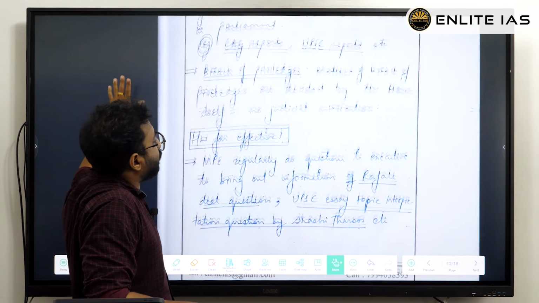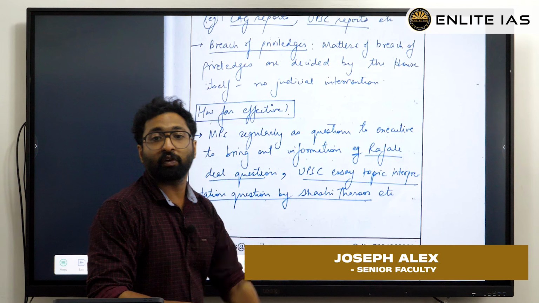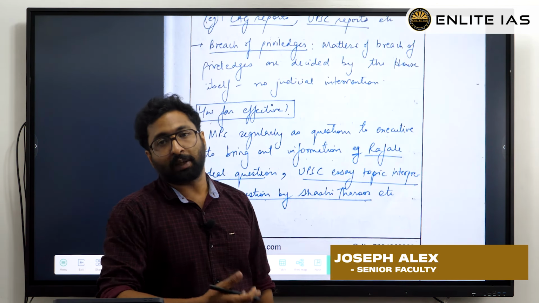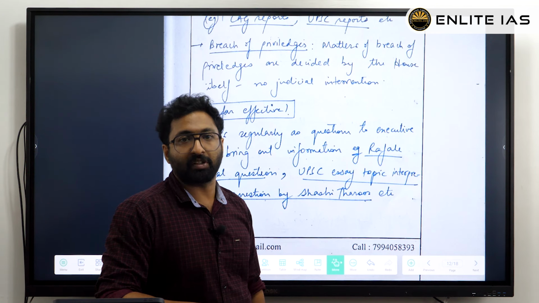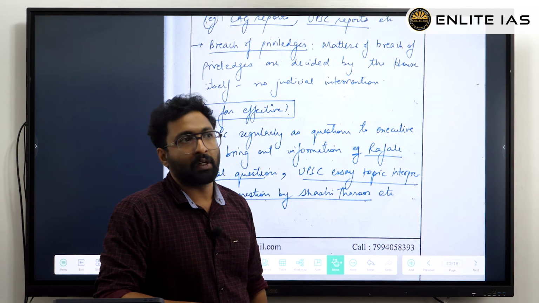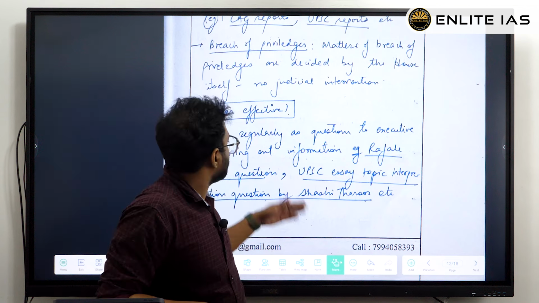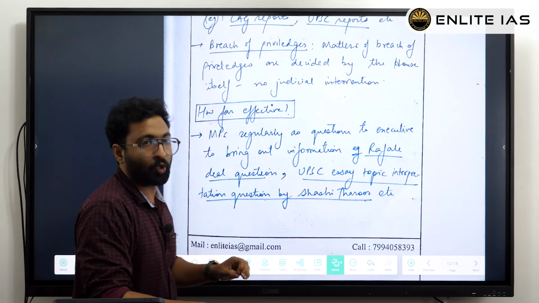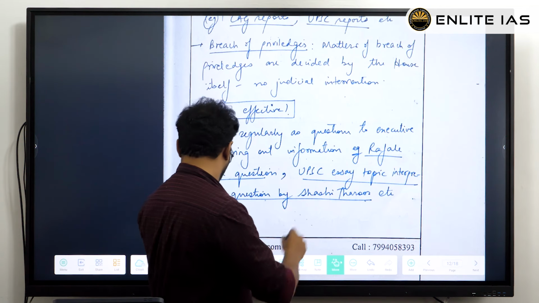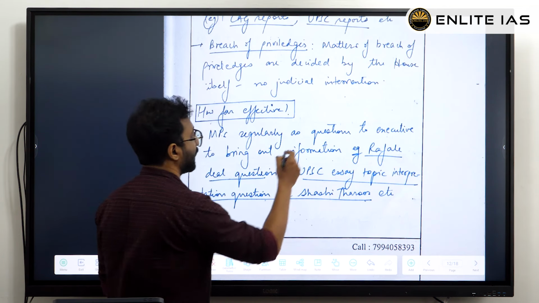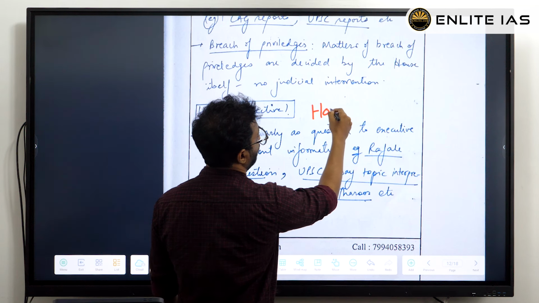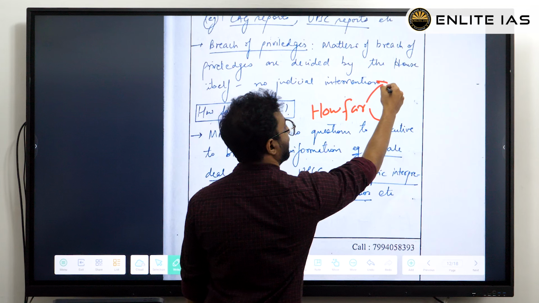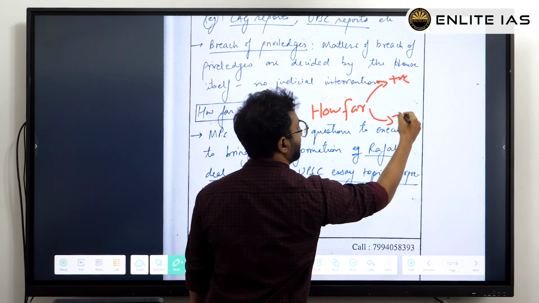That was the 'how far it is effective' part. My question was how far the steps of parliamentary intervention are helpful in checking the executive. He hasn't written two parts for that. Normally a 'how far' question should be written with the positives as well as the negatives.